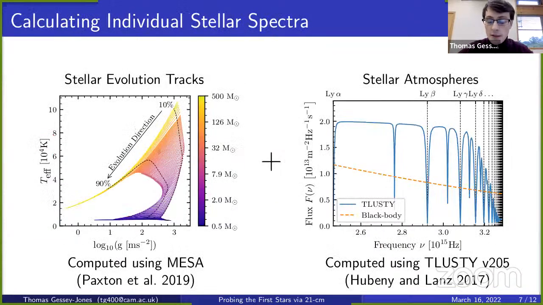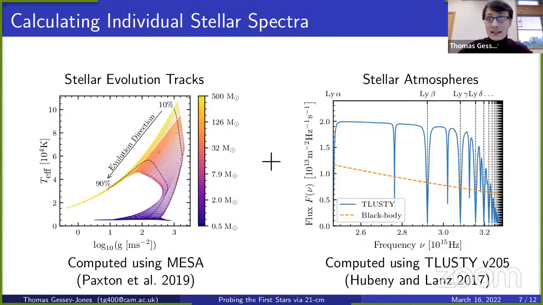Now, I've been talking all about IMFs, but obviously the IMF is a population level statistic. And before I can go on to predict the Lyman band emission from a population, I need to consider the Lyman band emission from individual POP3 stars. And this formed a large part of the actual work on this project: modeling initially the stellar evolution for individual POP3 stars over 3 orders of magnitude of mass, and then combining these stellar evolution tracks, computed using MESA, with the stellar atmosphere code TLUSTY to predict the spectra of the star at each point in their lives, and therefore their lifetime emission in the Lyman band, as well as their emission rates at various points.